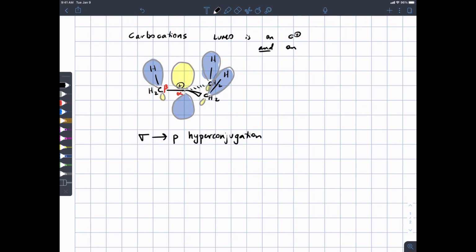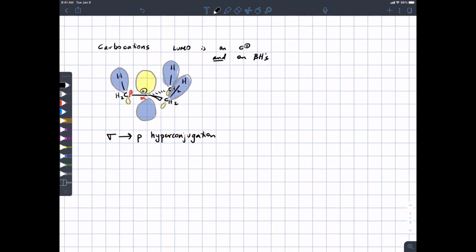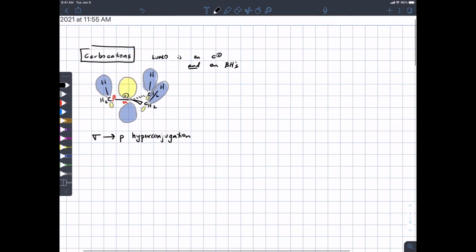The LUMO is on both the positively charged carbon and on the beta protons. Okay, is that sounding familiar? We talked about that. That's the whole reason why carbocations that are more substituted are more stable.